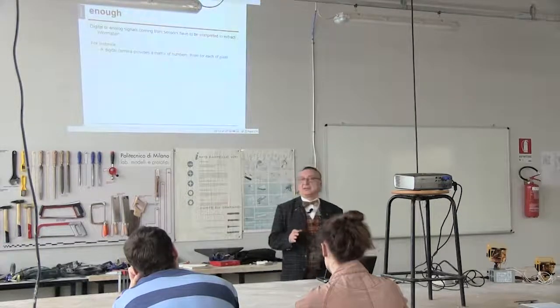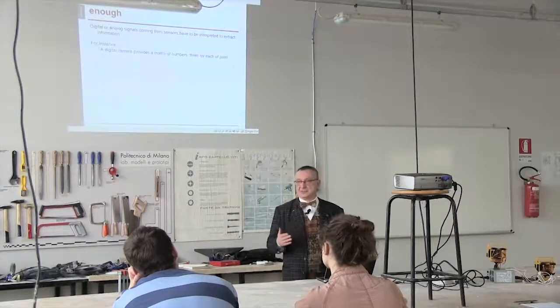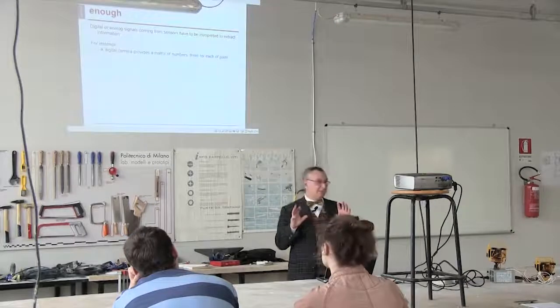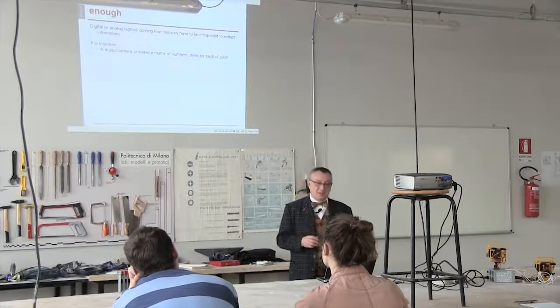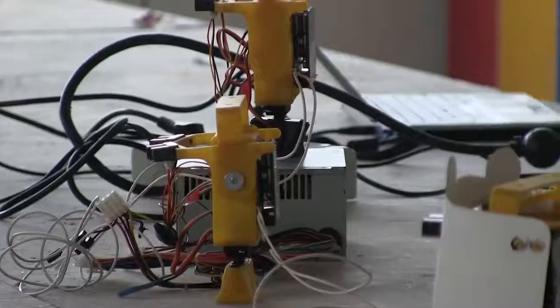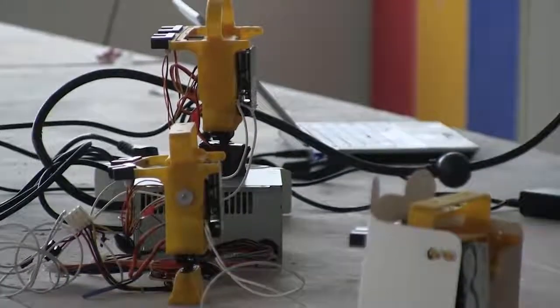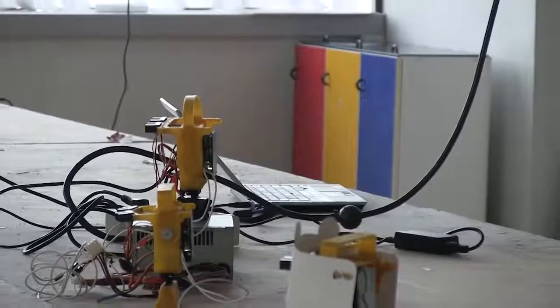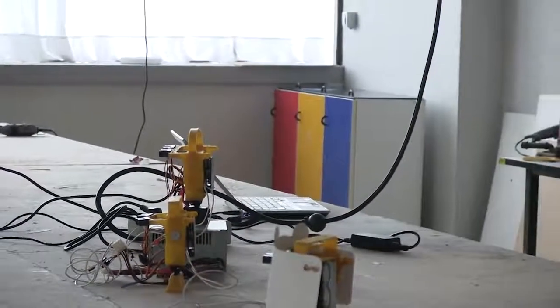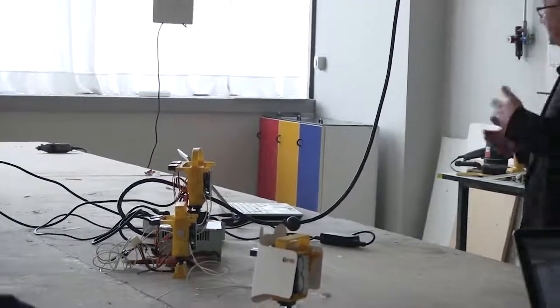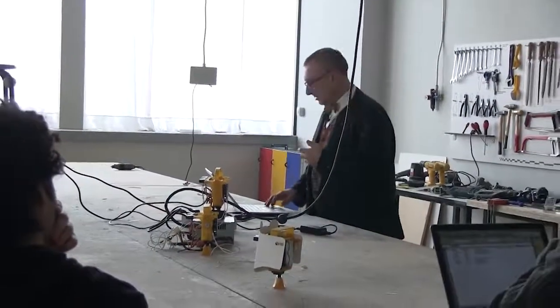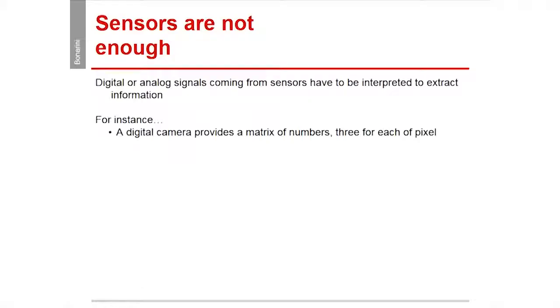So the color is identified by, for instance, the quantity of red, blue, and green components of the color. Why red, blue, and green? Because in our eyes we have sensors, which are neuroreceptors, which are sensitive to red, blue, and green. So we have done something which is very similar to our own abilities.